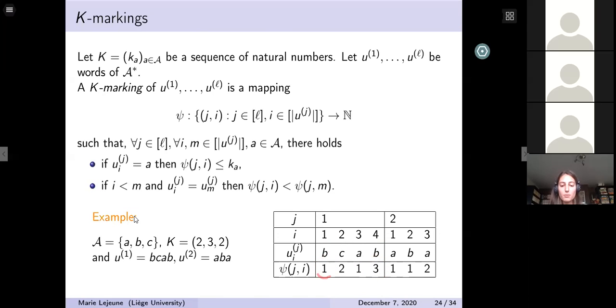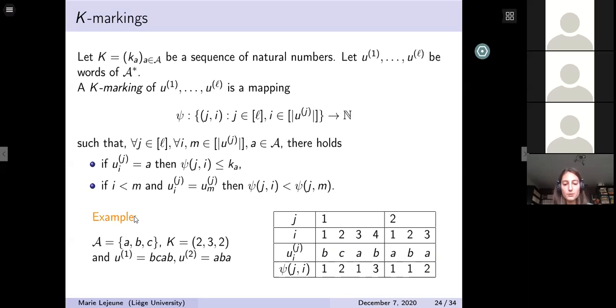I could have 1 and 2 or 2 and 3, but what's sure is that this value has to be greater than this value, only because I have B and B. I have no link between values of positions where letters are different. And so here I have A and A, so 1 has to be less than 2. So this is a K marking.